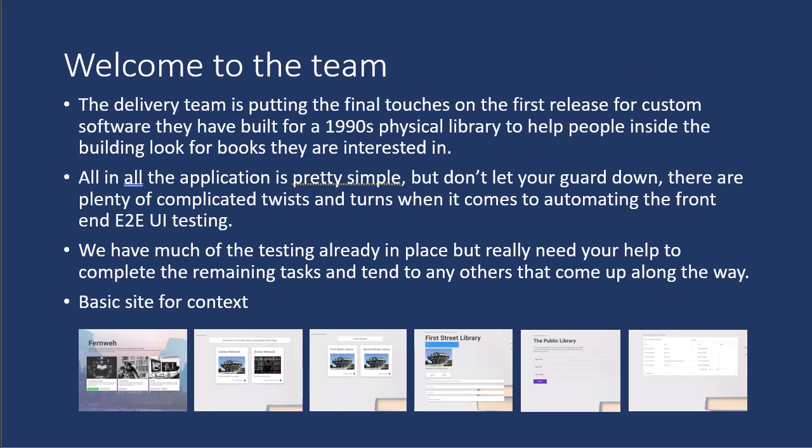The delivery team is putting final touches on their first release, and the software itself will be very easy to get your minds around. It's modeled after a 1990s physical library sort of simulator. Like, what is some of the first technology to come on the scene that made the experience of the visitor and the worker of the library better because the technology was available as previously unavailable?